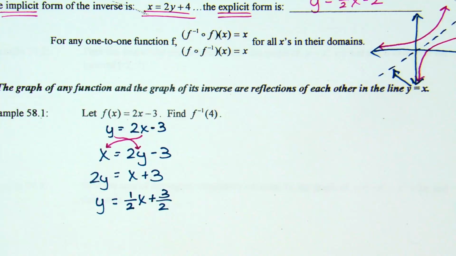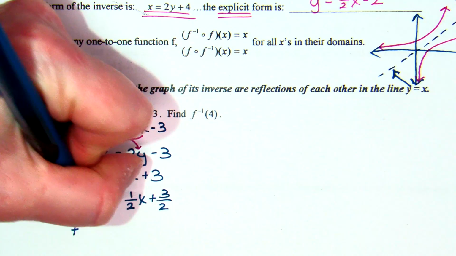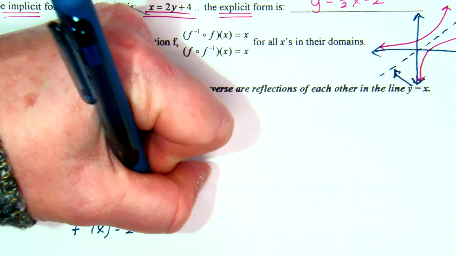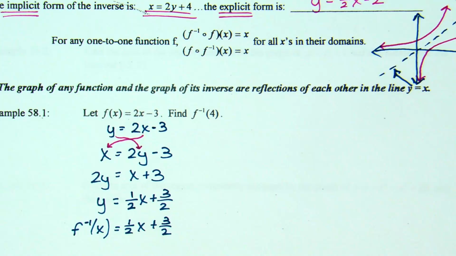Or depending on the scenario, you could say x plus 3 over 2, but I like the 1/2 x plus 3/2. So officially, I've switched x and y, I've solved for y. This is my f inverse of x. So f inverse of x is 1/2 x plus 3/2.